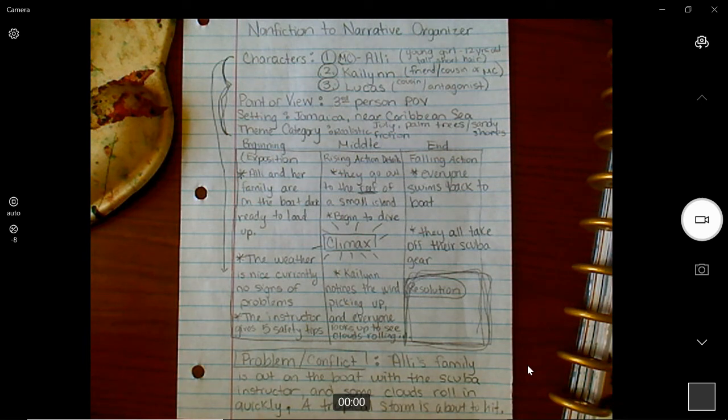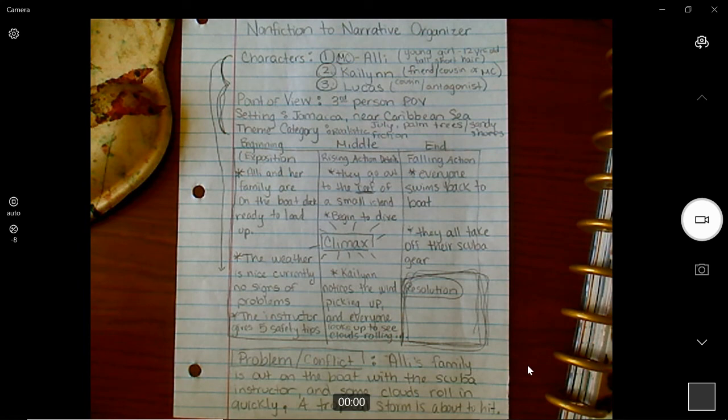But also, when you do your apply slide, you should have this organizer down. I know it's not perfect. You just get the basics down, and I'm good with that. I just need to know that you're actually following along with me. And then my challenge for you is to make your own story organizer and come up with what you would do for this story, for your characters and point of view and setting.